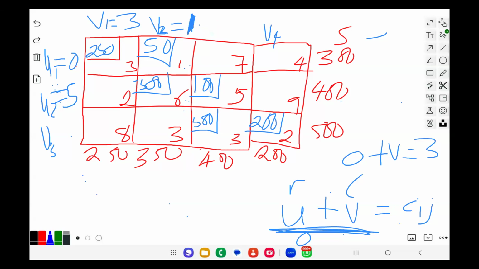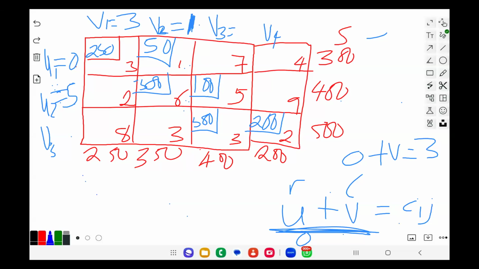What about V3? Our U is 5, and U2 is 5. Then our cell number is 5. What would be V3?